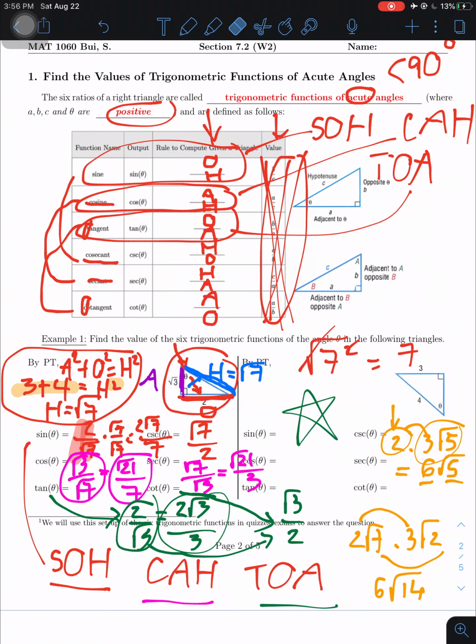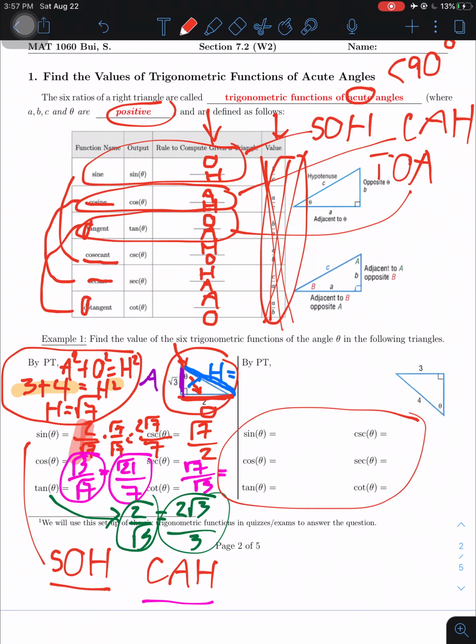Alright, now it looks better. This setup of the 6 functions, I want you guys to figure out SOHCAHTOA first. That's why I do sine, cosine, and tangent, because by definition, SOHCAHTOA, it's easier for us to do. This column in here is the flip of the very first column, and they look sideways to each other, right? So I purposely have this setup to help you guys on the test and exam, so that it's easier for you to figure out the answers.